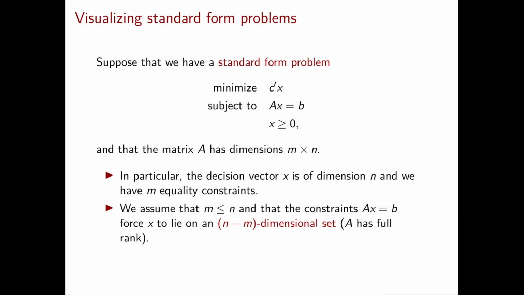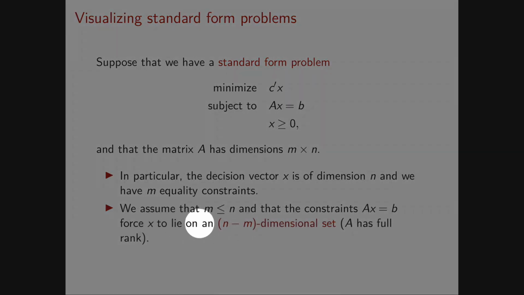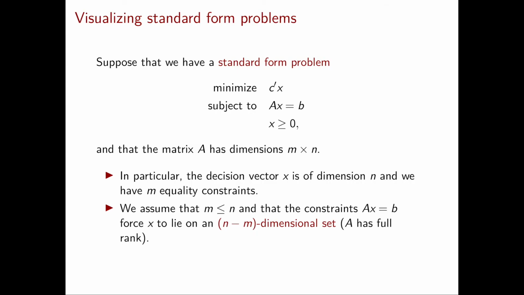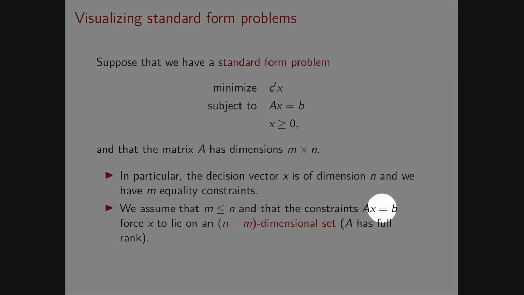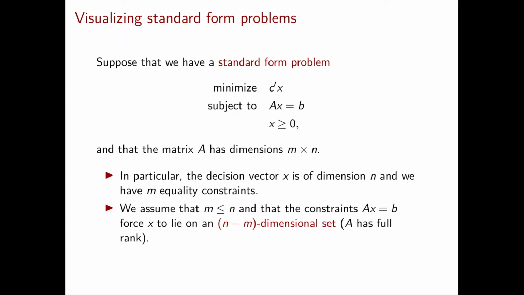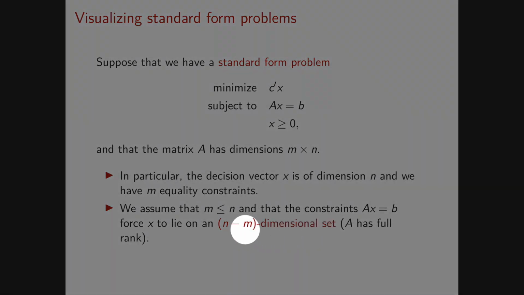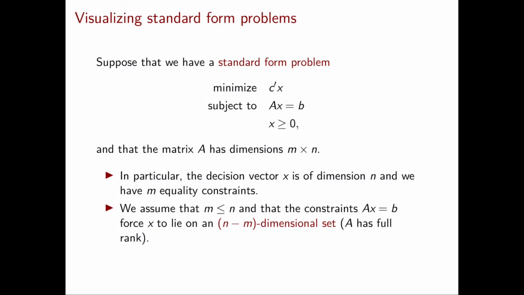This constitutes the most interesting case, and it implies that our vector x must lie in the n minus m dimensional set of the vectors x that satisfy the system of equalities Ax equal to b. In our previous example of the triangle in R3, we had n equal to 3 and m equal to 1. So we obtained a two-dimensional set in that case. And the two-dimensional set is the unique plane that contains the triangle.